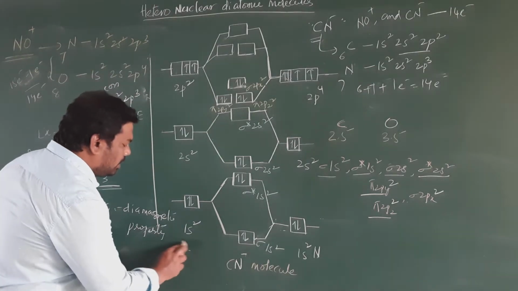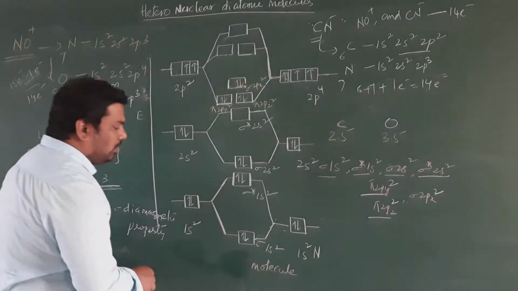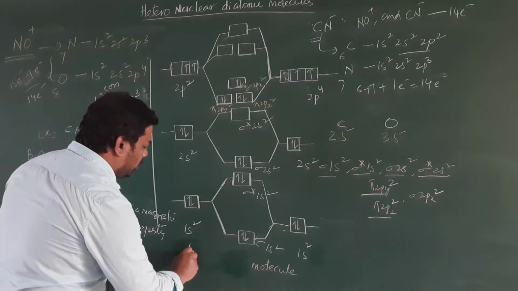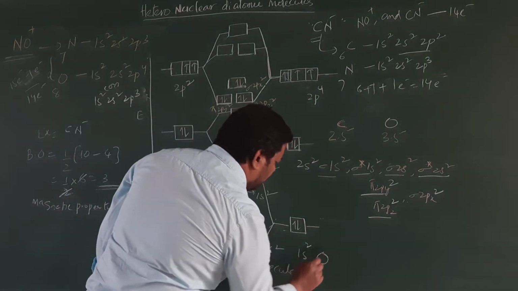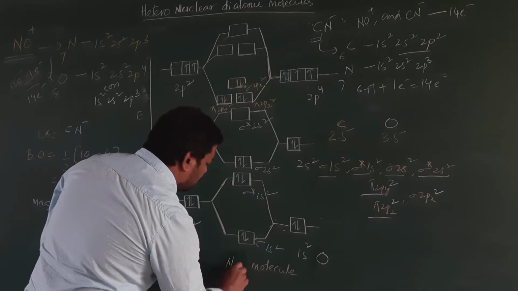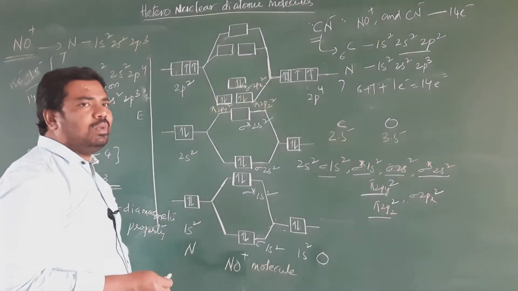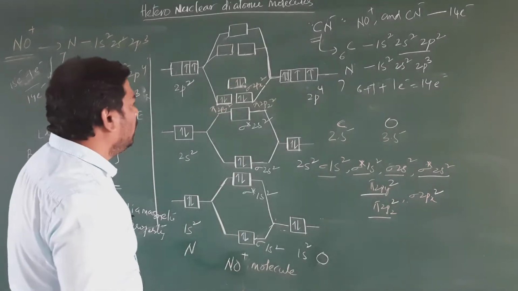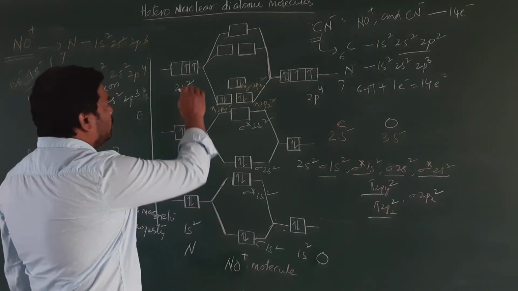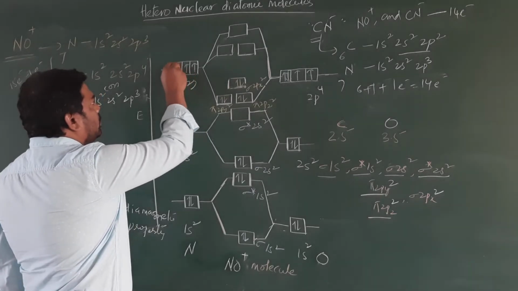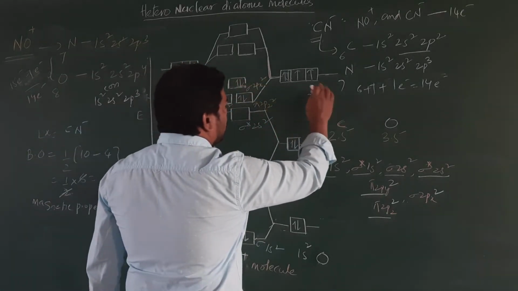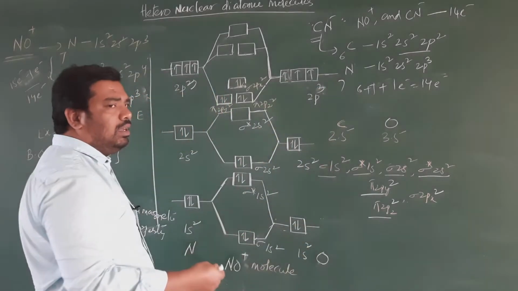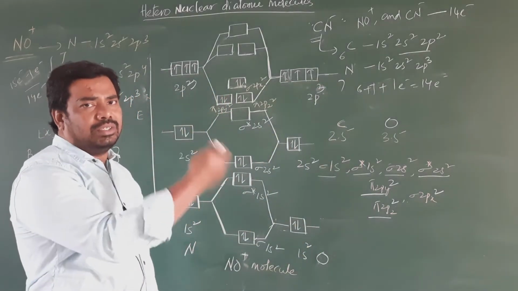Here I will change some data of this example: here it is the nitrogen atom, and this is the oxygen atom. So this is the NO plus molecule, a 14 electron system. The energy order should be the same. So here also 2p3, because the oxygen atom is losing 1 electron from its state.